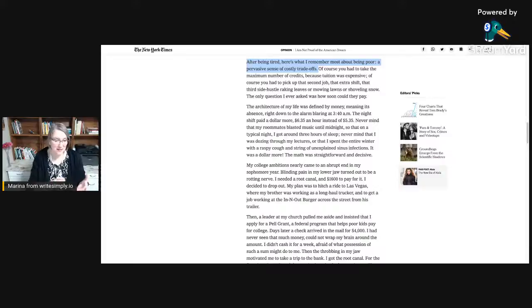I think most people have been in a situation where they have been short on cash. Finances are tight. And they'll be able to relate to perhaps this costly trade-off of what happens when you don't have enough money. And so she goes on to explain what those are.